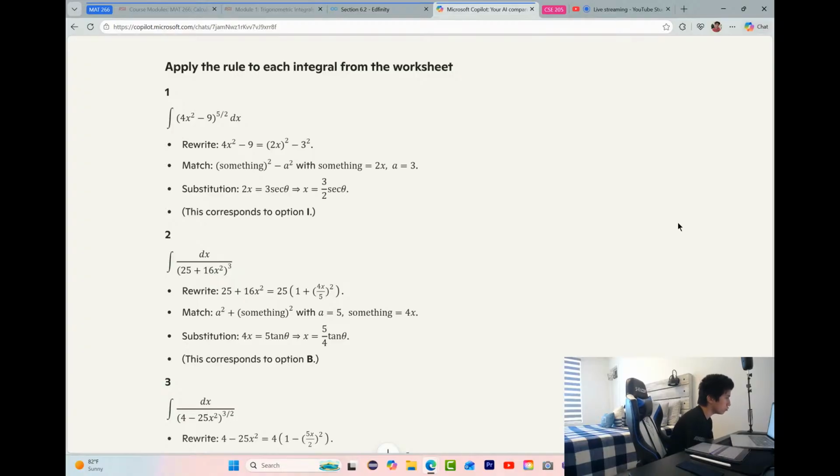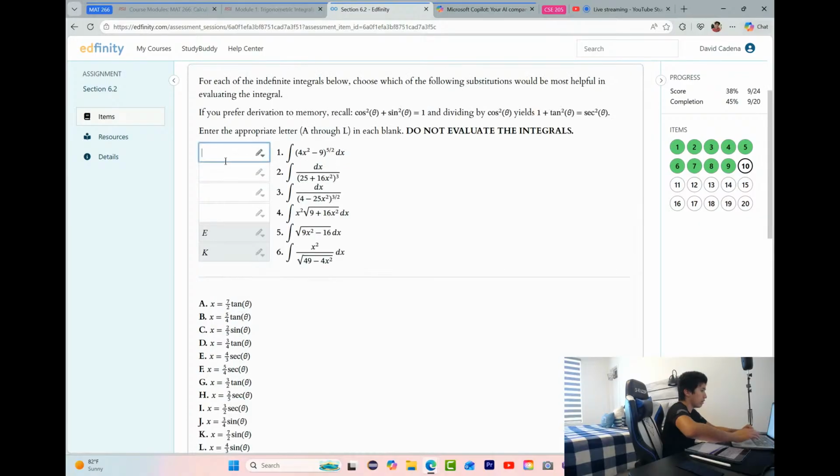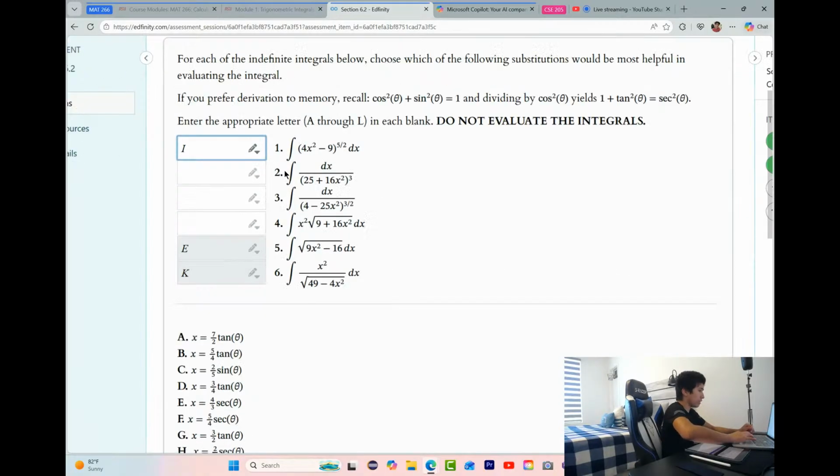The square root of 9/4 is 3/2. And because of this, we need 3/2 secant. That's I. Makes sense.